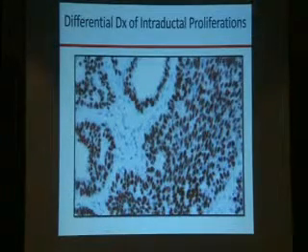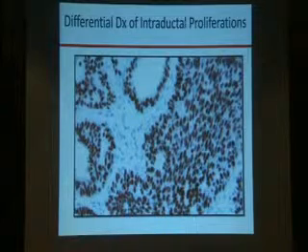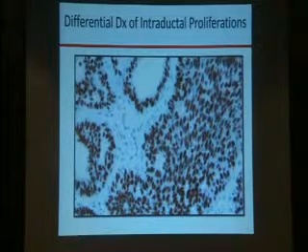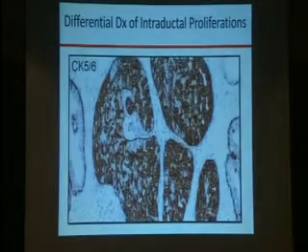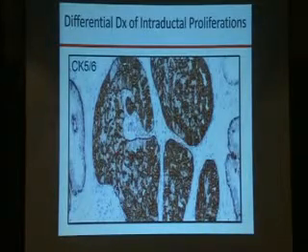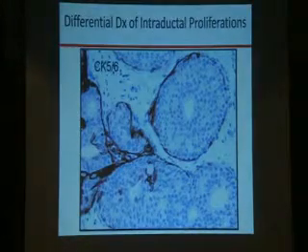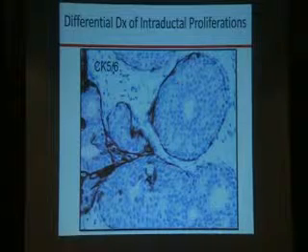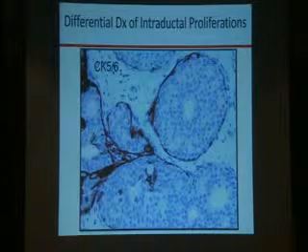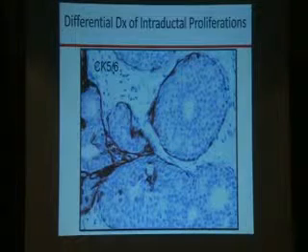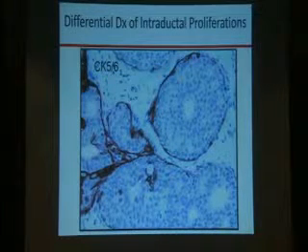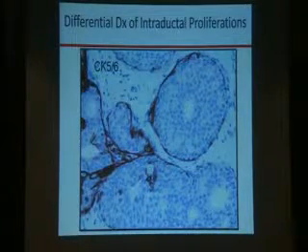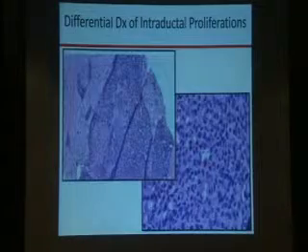So in DCIS lesions, the uniform expression of estrogen receptor is helpful, as opposed to the mosaic appearance of cytokeratin 5 in hyperplasias. And this is cytokeratin 5 expression in DCIS, where you can have myoepithelial cell positivity around, but the proliferating cells are negative.